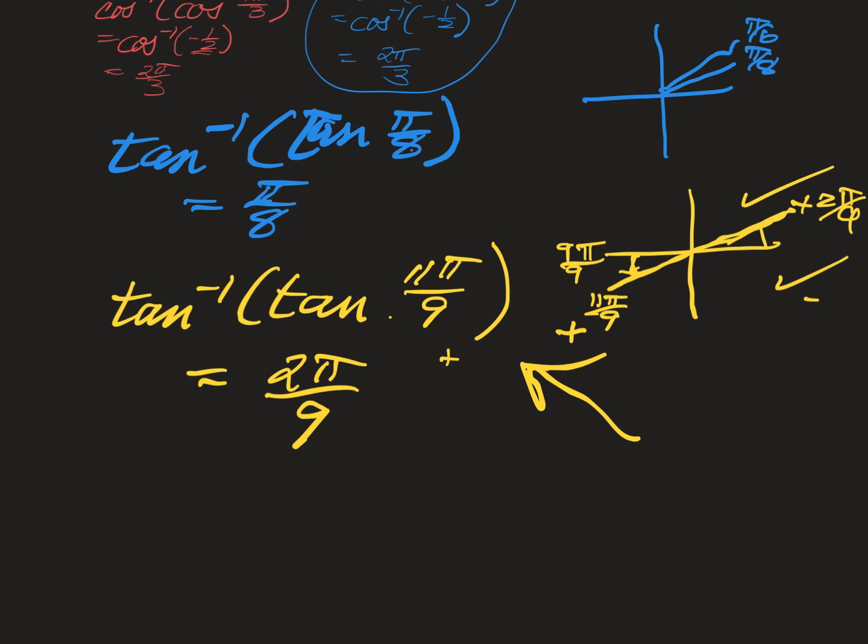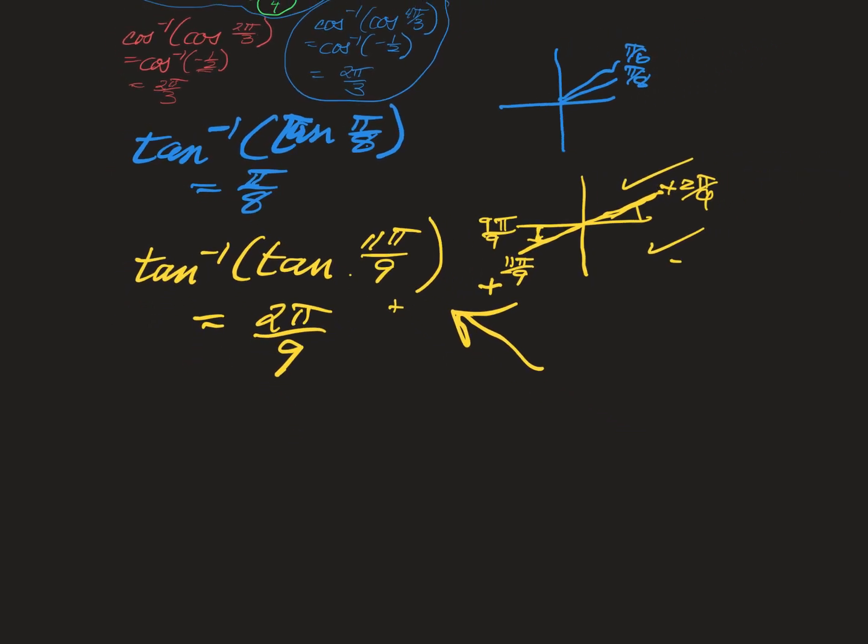Let's do another composition of functions here. What if, could we actually mix things up? So could we do like the inverse sine of the cosine of 13 pi over 6?